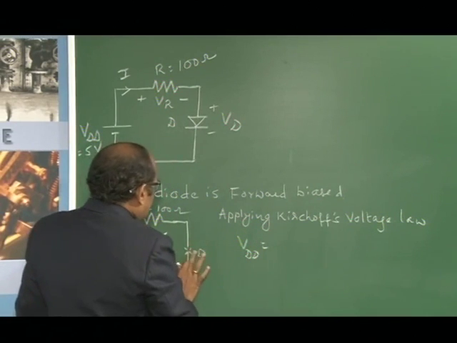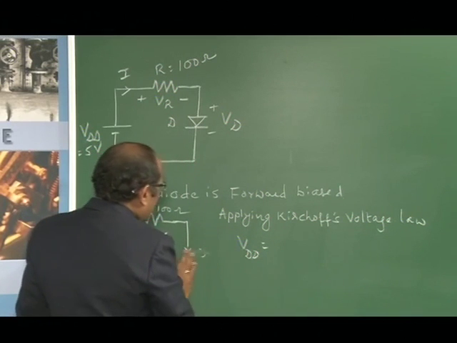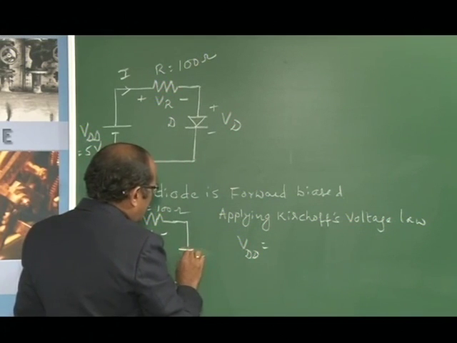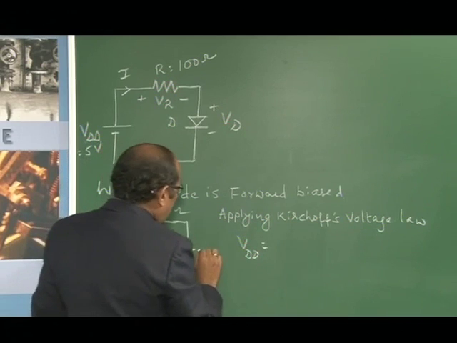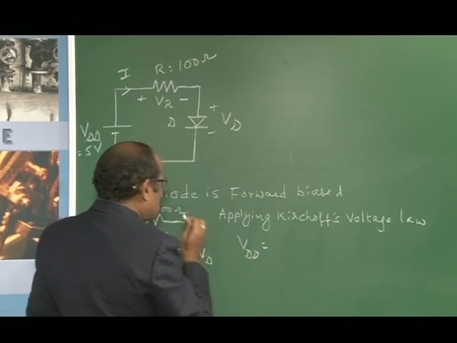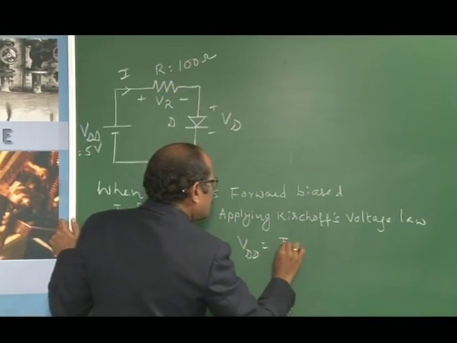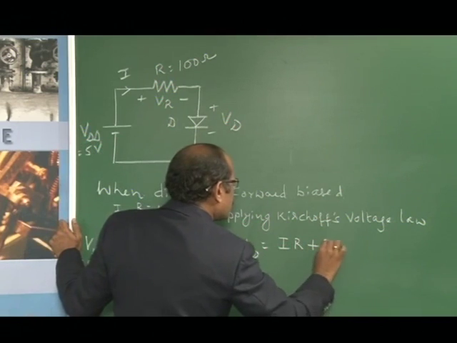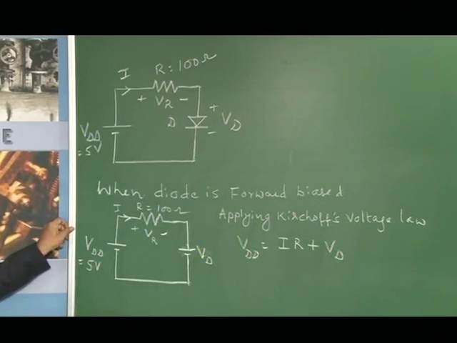Here what we are assuming is that instead of a short circuit, the diode provides a small DC supply, called VD, that is the voltage across the diode. Therefore VDD will be equal to I into R plus VD. So this is the equation we get.